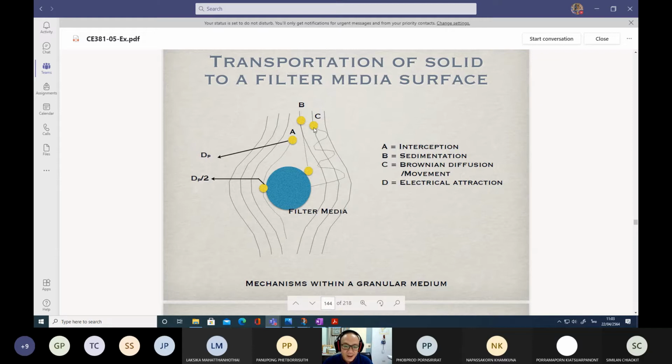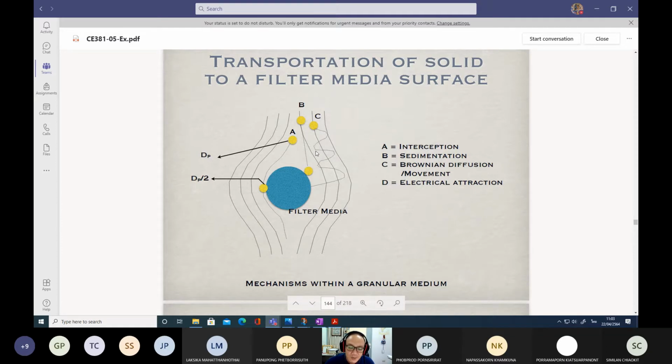For light and very fine particles, they move independent of the streamline. This is a kind of Brownian diffusion movement, which usually occurs with small particles.